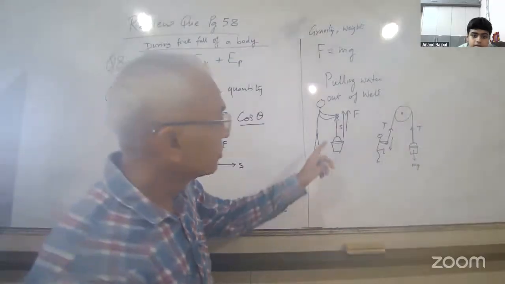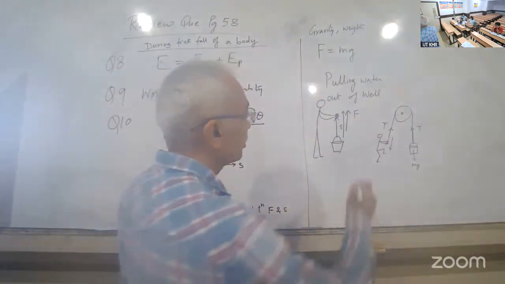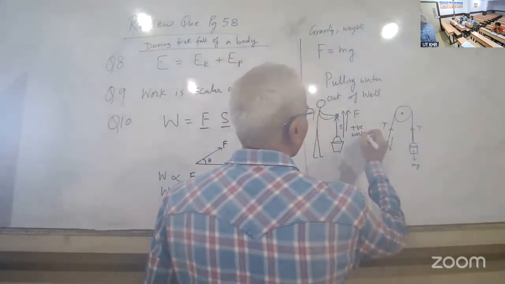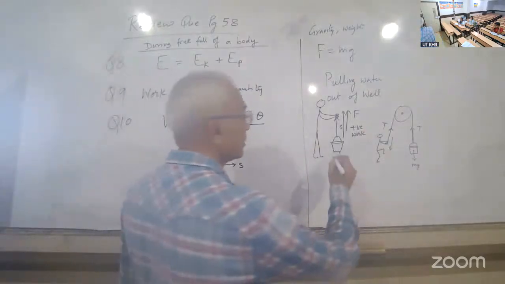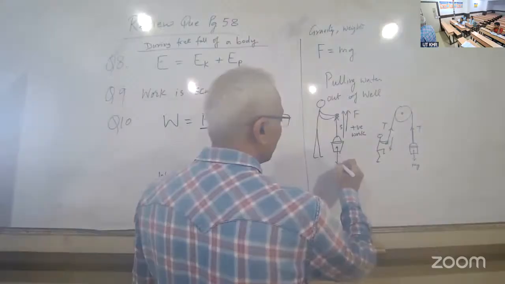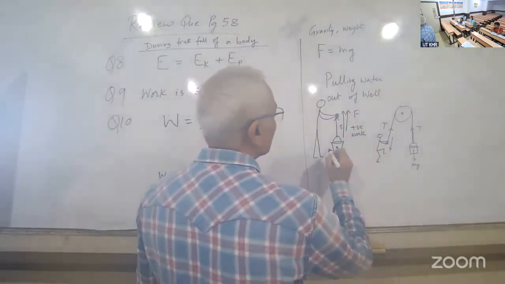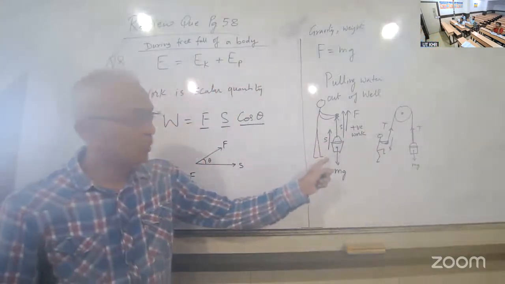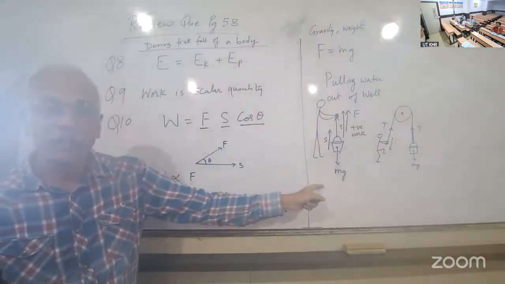Right now, when you are pulling the bucket up, you are doing positive work, because W equals F·S. So Anand is doing positive work. But what about gravity? Gravity is acting down, and the displacement is up. So while Anand is pulling the bucket upward, the work done by gravity is negative.